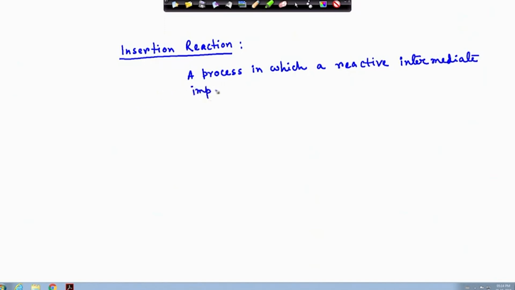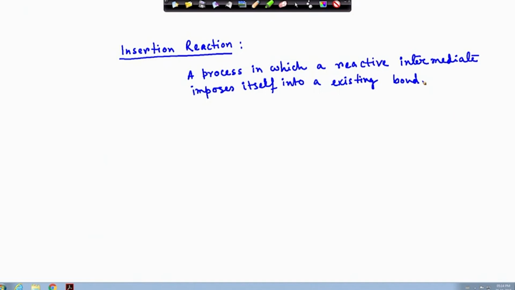In general, if there is a bond and the reactive species is inserted into it, that is an insertion reaction.